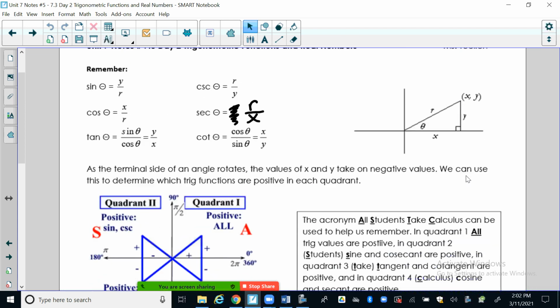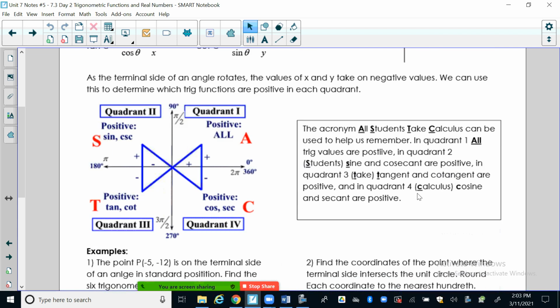And as the terminal side of the angle rotates, the values of x and y take on negative values. We can use this to determine which trig functions are positive in each quadrant. So as we saw on our unit circle, in quadrant 1, both sine and cosine were positive.